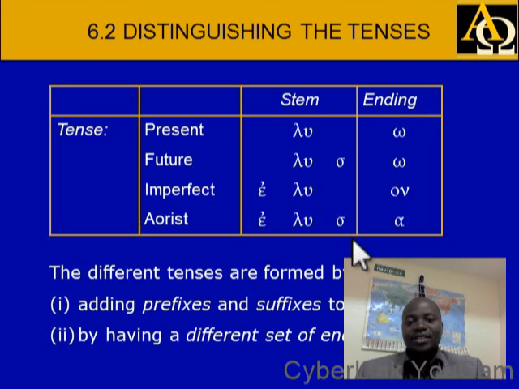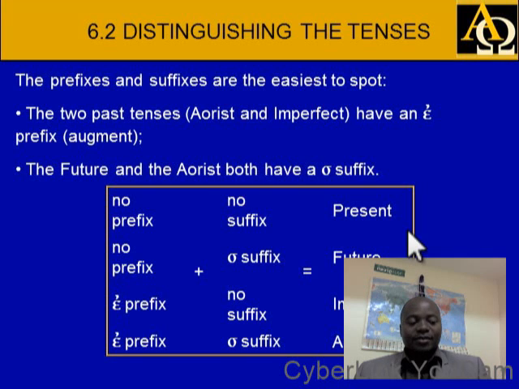And then we have aorist, it also has a prefix epsilon, and then the stem, and then the suffix, which is sigma, so elusa. So we call this the prefix, we call this the stem, we call this the suffix, and this is the ending. So that's how we are able to differentiate the various tenses.